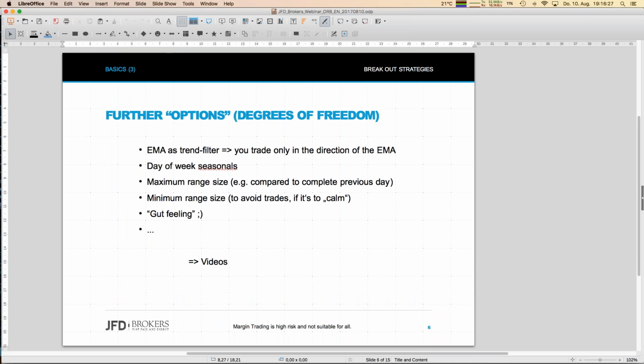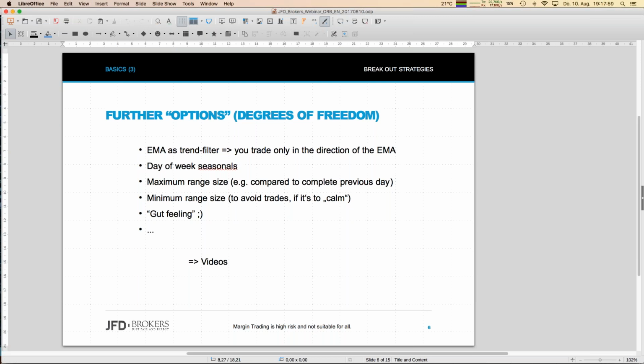And I got already here one hint in the chat, but it's now exactly here on my slide. You may think, okay, maybe I don't want to trade both directions. Maybe there's an overall trend in that specific underlying I'm looking for, and that trend already goes to the south. So why should we place orders to the long direction?